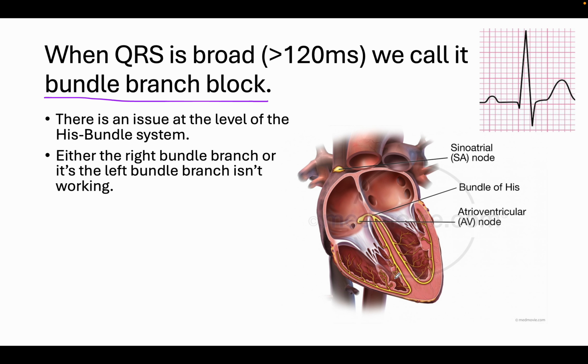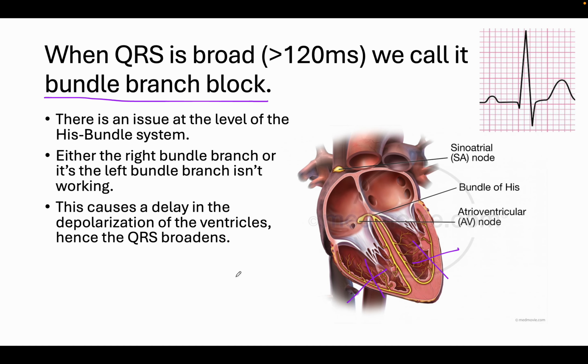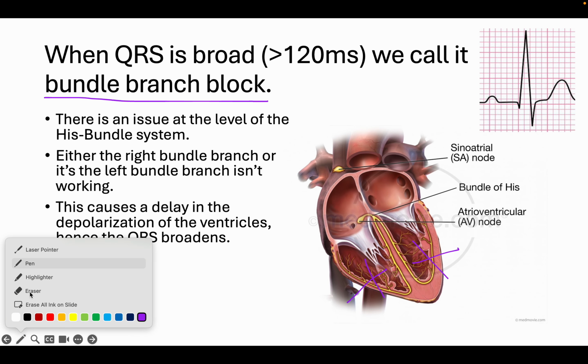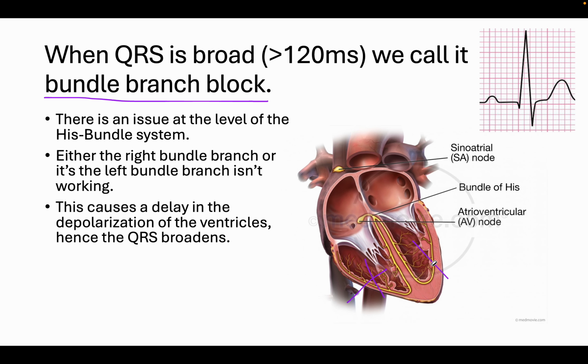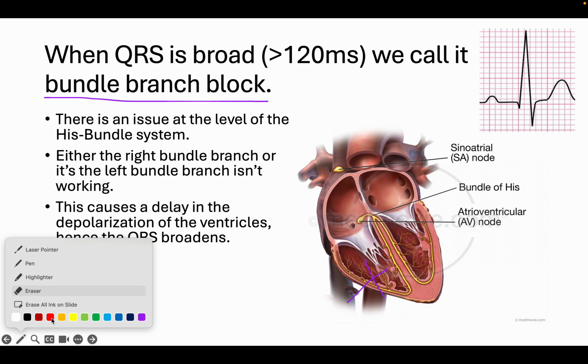You can either have a right bundle branch block, where electricity refuses to go down the right bundle, likely because it's diseased and become old and rubbish. Or you can have a left bundle branch block, where instead it's the left bundle that's gone a bit dodgy, and electricity won't go that way. This causes a delay in depolarization because, depending on the bundle branch block you have, electricity has to divert on a super long pathway.